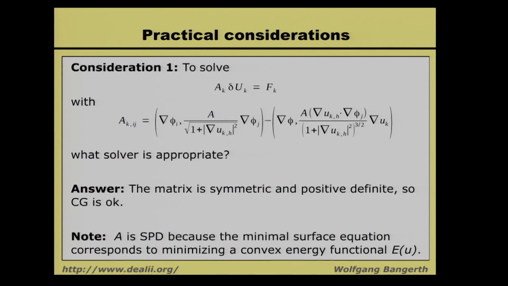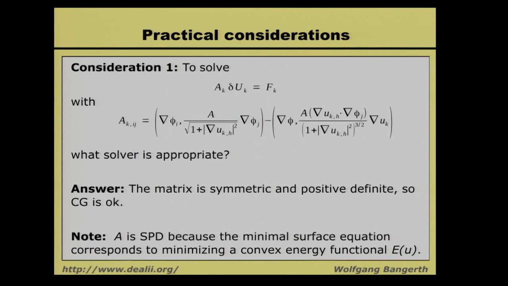Intuitively, the reason why it is symmetric is because the matrix A is the derivative of the operator, and the operator is the derivative of the energy functional. If you go back a couple of lectures, you will remember how we derived the minimal surface equation. It was always that we tried to minimize a certain energy functional.